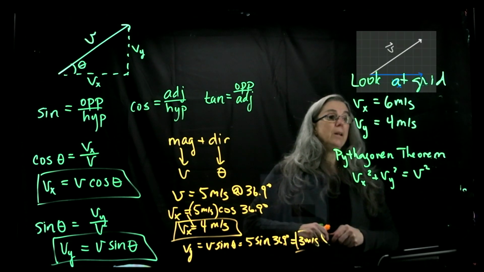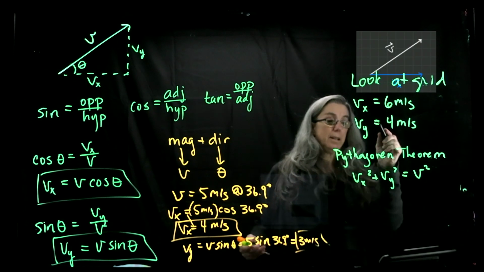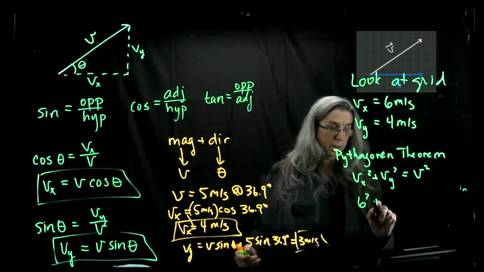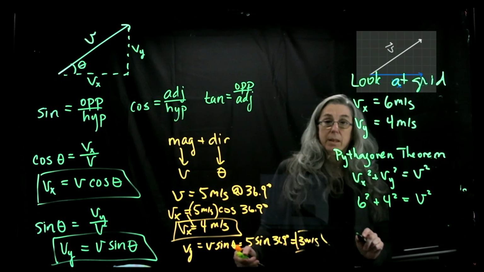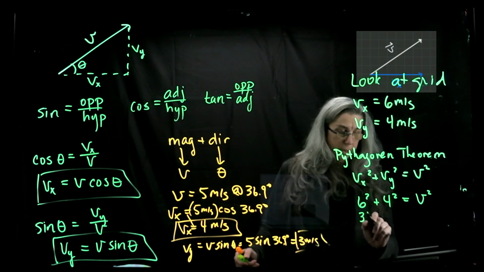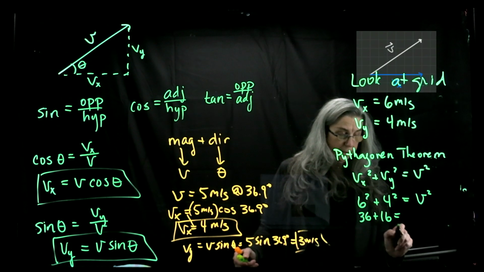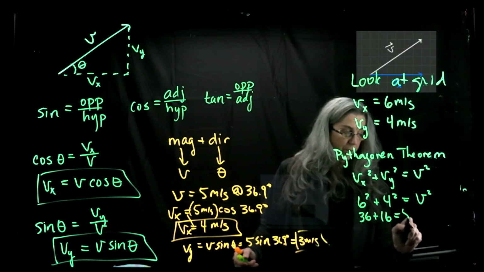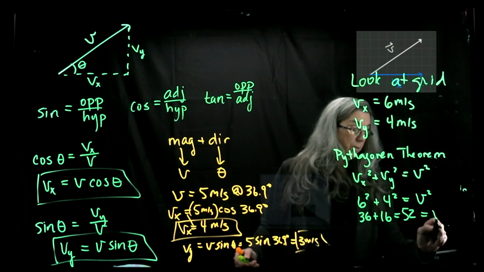So for this example, we would just take 6 squared plus 4 squared, and that equals v squared. 6 squared is 36, 4 squared is 16, 36 plus 16 is 52, and that is equal to v squared.